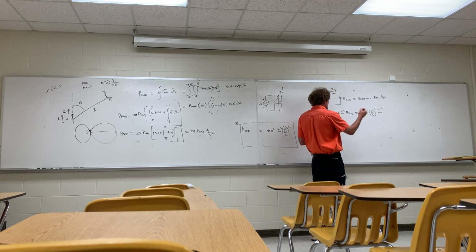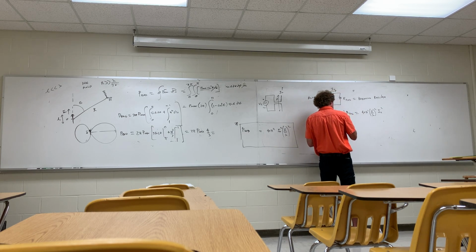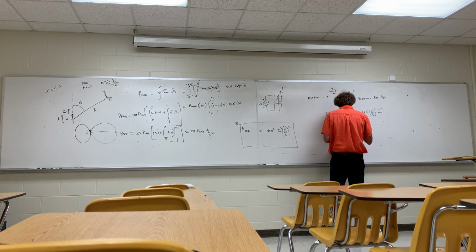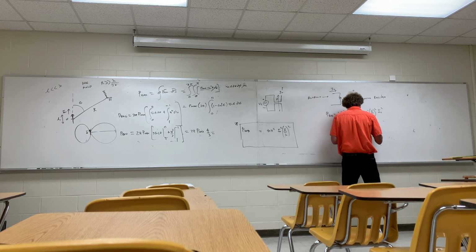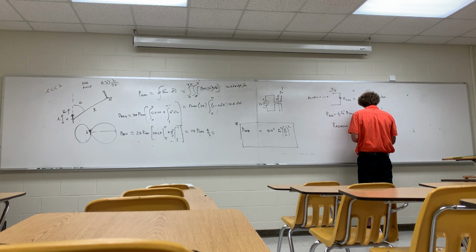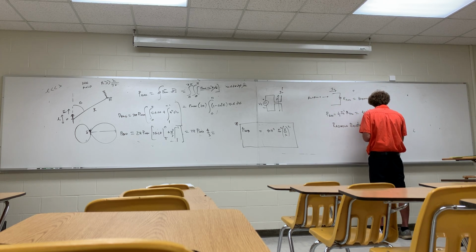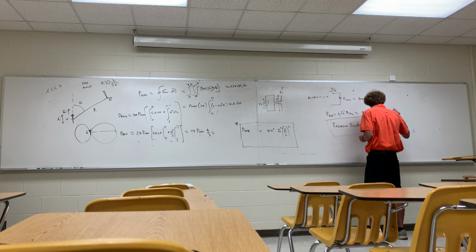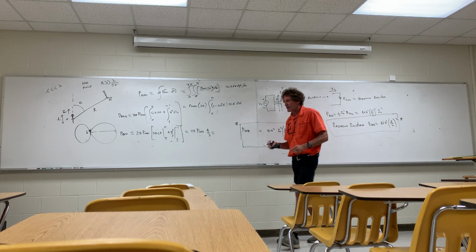And then you can see the I naughts cancel, and you multiply by 2 and you get the radiation resistance, which is called R rad, is equal to 80 pi squared times (L over lambda) squared. And this is an important one right here. That's the radiation resistance of a short dipole.